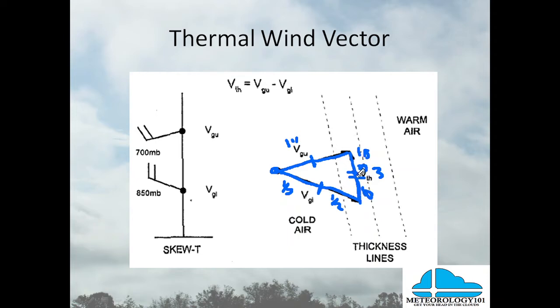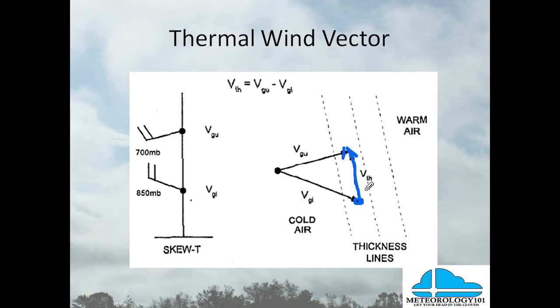So if we go half inch, 1/4 inch, that's 15 knots total. So our thermal wind is approximately from 350 at 15 knots.